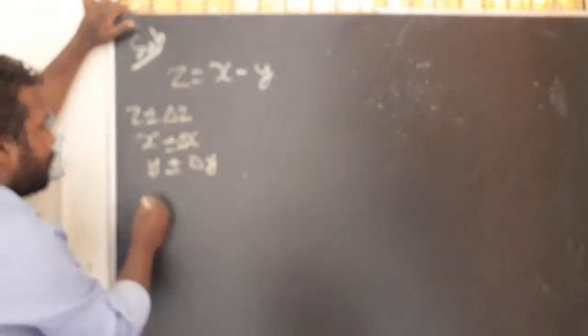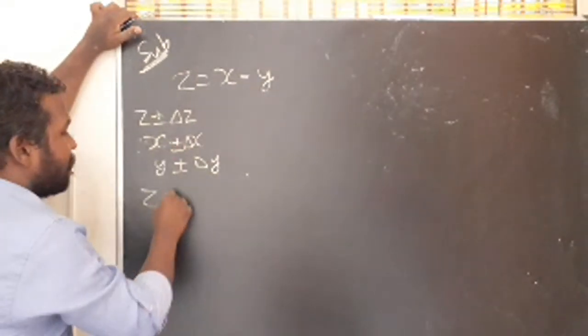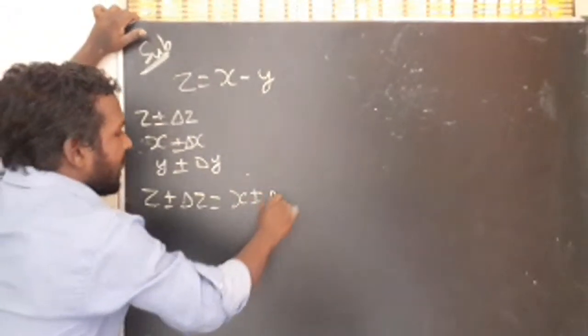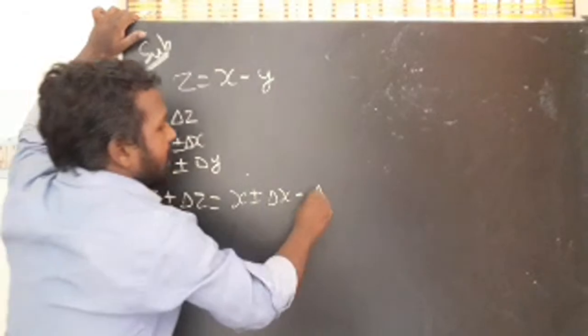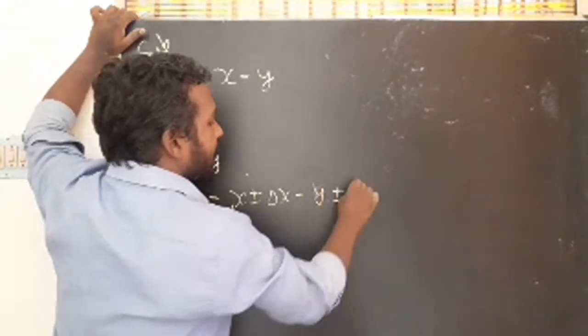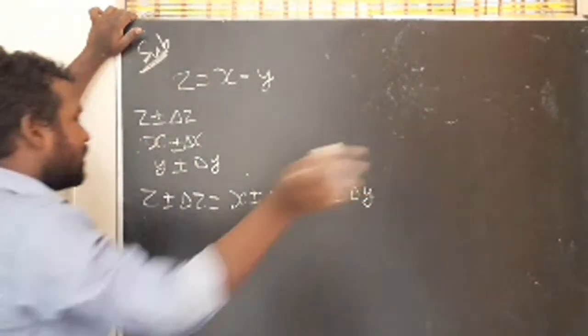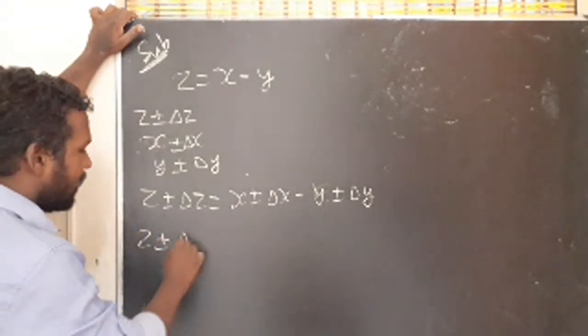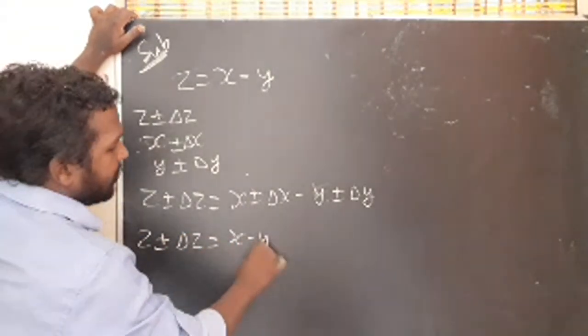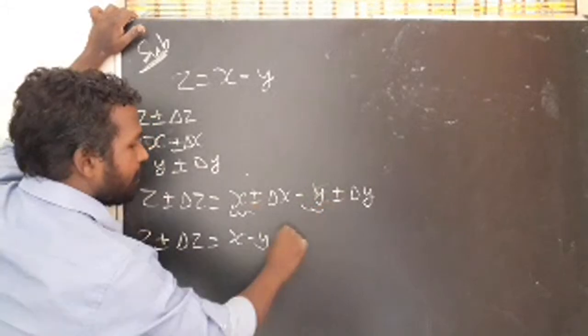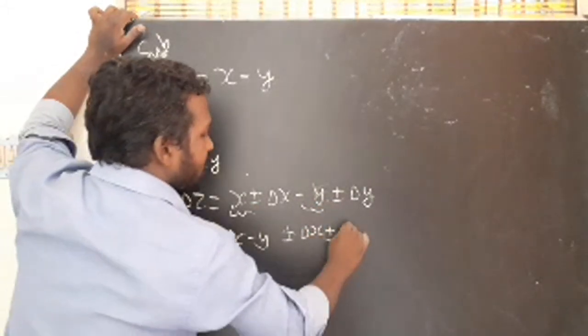Now I am substituting here. z plus or minus del z is equal to x plus or minus del x, minus y plus or minus del y. Everything has an error. Making this together, z plus or minus del z is equal to x minus y, plus or minus del x, plus or minus del y.